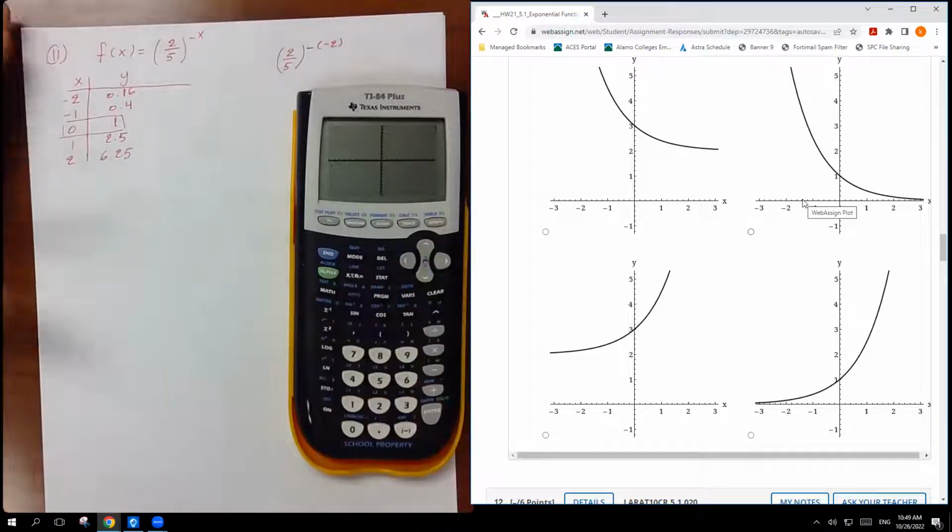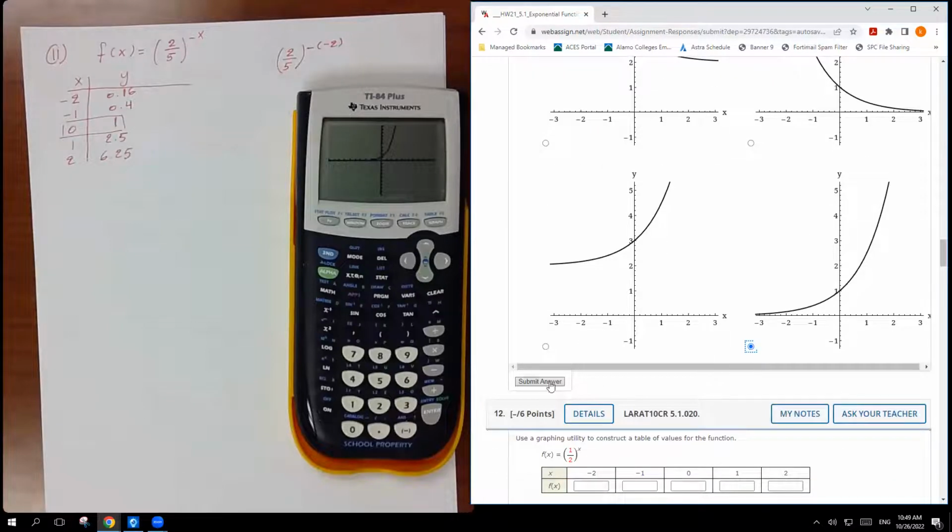Graph it, we get the graph, this one. That means I can't choose this one. I can't choose this one because the intercept is 0, 3, which is wrong. That's the only right option, and I'm not going to plug in these numbers. That's it.